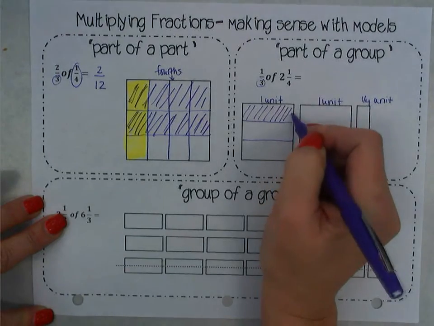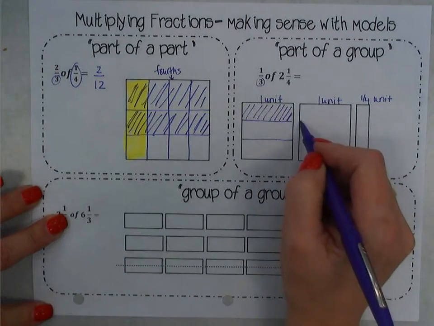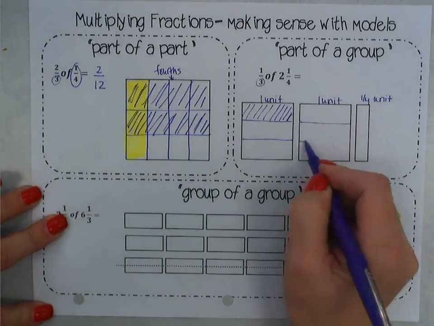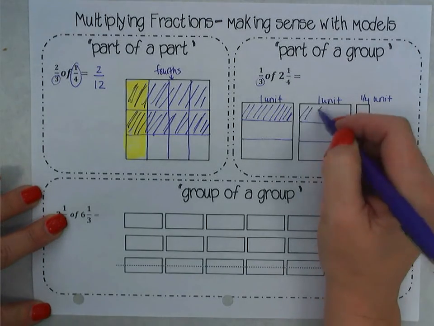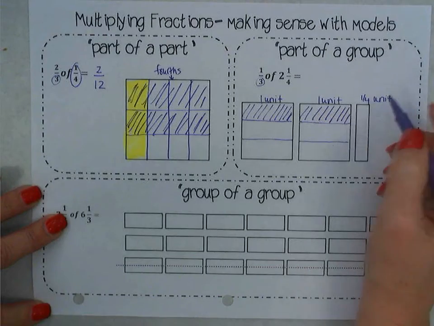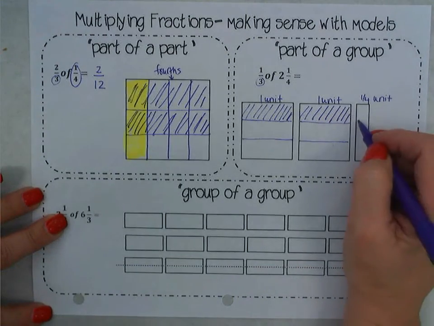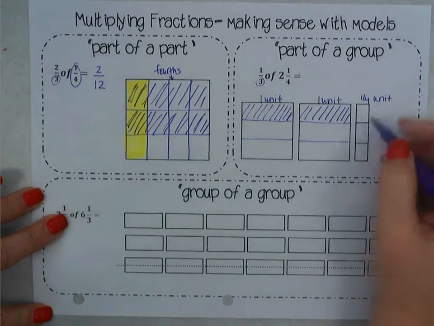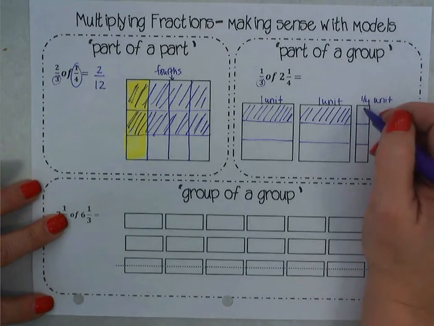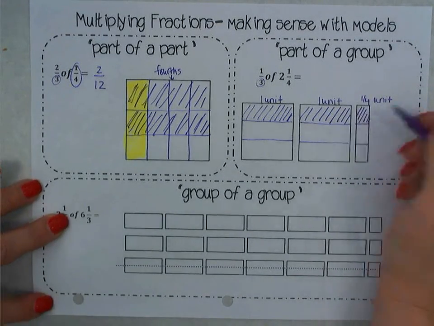So I'm going to shade 1 of the 3 parts here. And then for my second unit, or my second pound, I also need to partition this into 3 parts and shade in 1 of them. And finally, for my 1/4 unit, or my 1/4 pound, I also divide that up into 3 parts and shade in 1 of them here.